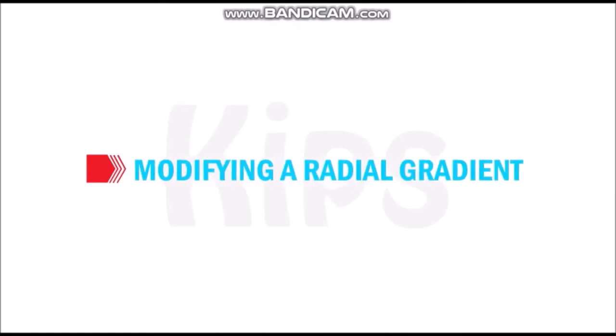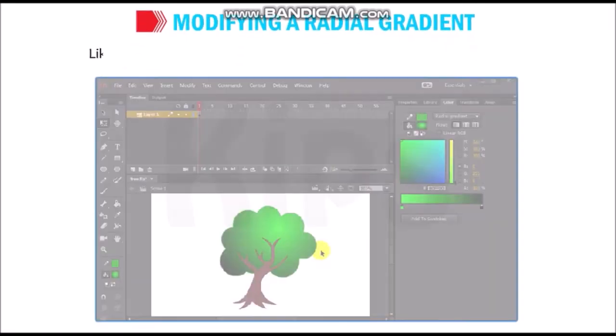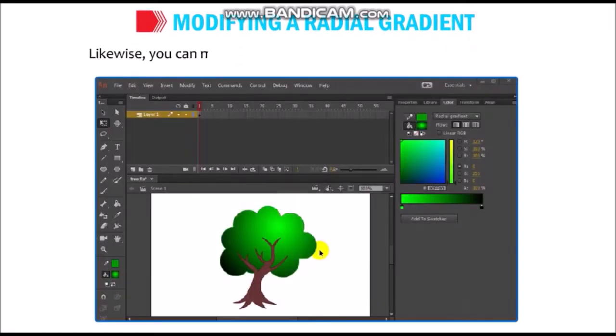Now your next topic is modifying a radial gradient. How do you modify a radial gradient? Likewise, you can modify a radial gradient color field inside the tree. Let us modify the gradient field in the shape by using the gradient transformation tool.